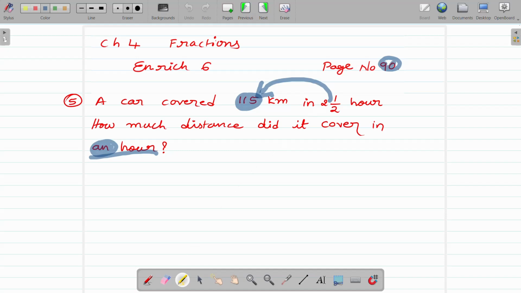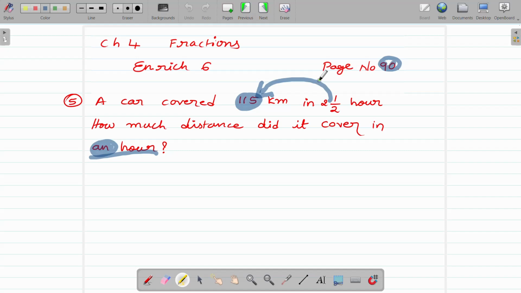As you can see here, I have underlined and highlighted this 115 kilometer, and it took a time of 2.5 hours. And then we should find how much the car will travel in 1 hour. So because of that, we should divide this 115 by 2.5.